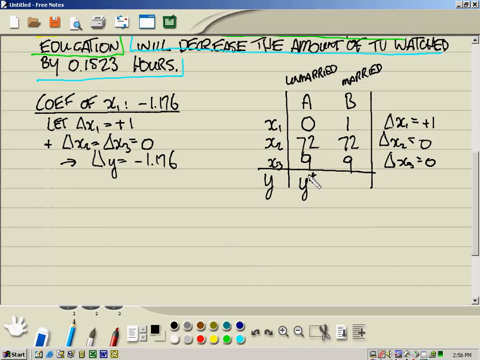So what the output will be is that y star is, say, the result for the number of hours of TV watched for an unmarried senior citizen, then the result for senior citizen B will be y star minus 1.176 hours. So the amount of TV watched by a married senior citizen is 1.176 hours less than the number of hours of TV watched by an unmarried senior citizen.